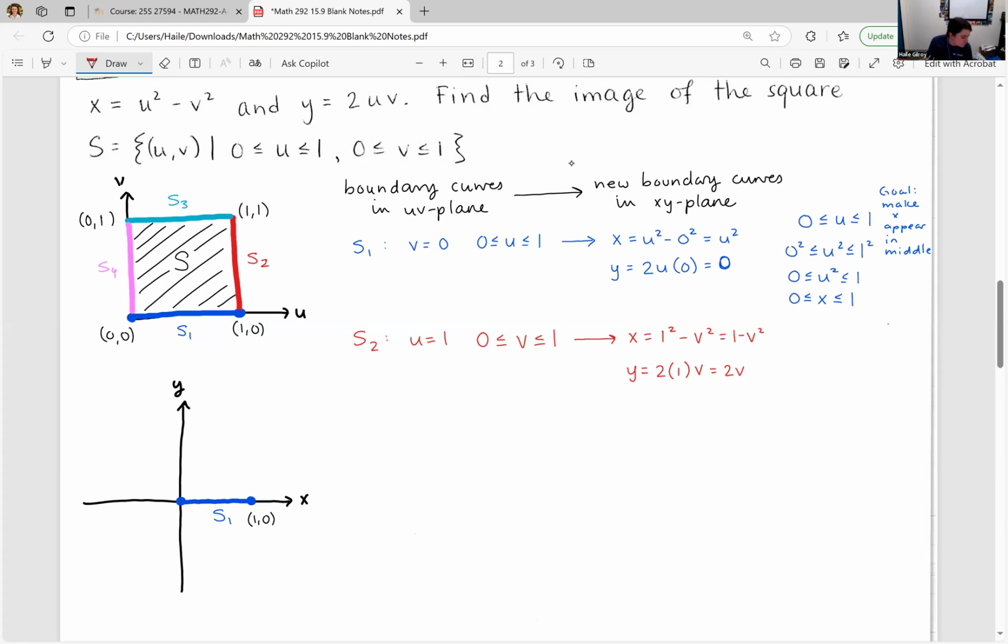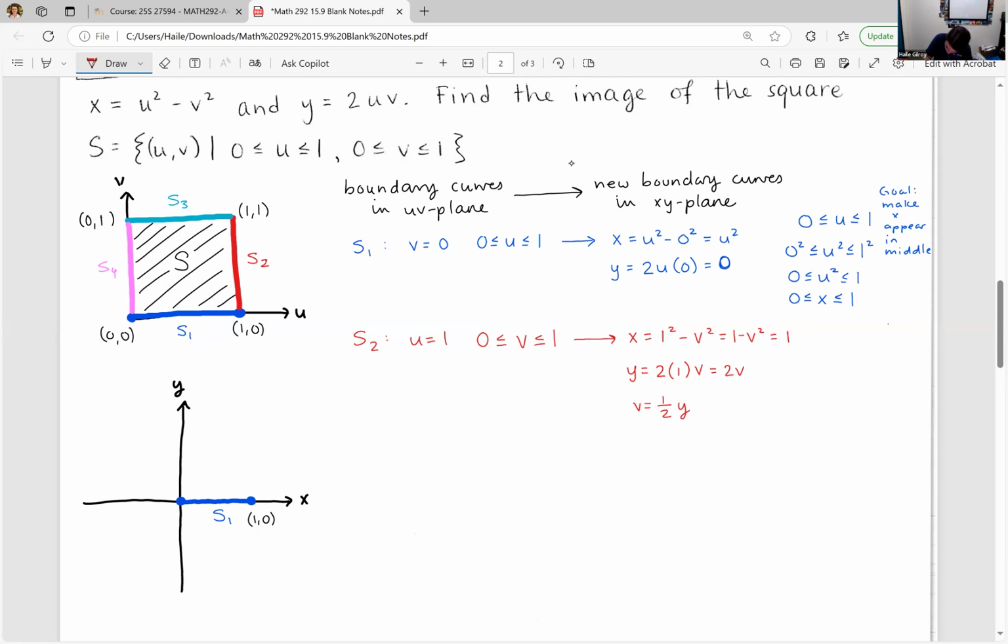Let's see what I can do with this. If Y is equal to 2V, then V must be equal to 1/2 Y. I can just divide that 2 over. What this allows me to do is make a substitution in the 1 minus V squared, and I can get x as a function of y now.